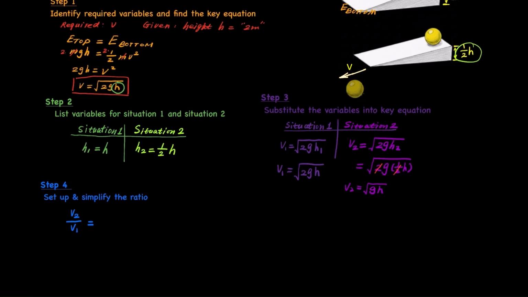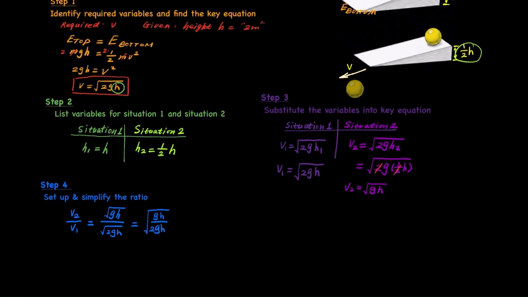So v2 over v1 is the square root of gh divided by the square root of 2gh. Since both the numerator and denominator are square roots, we can combine them and put both under a single large square root. And this gives us square root of gh over 2gh.